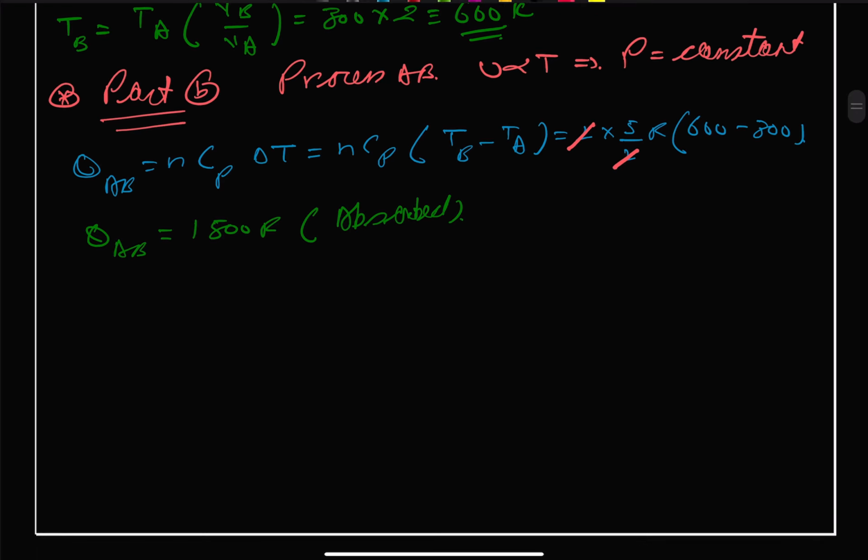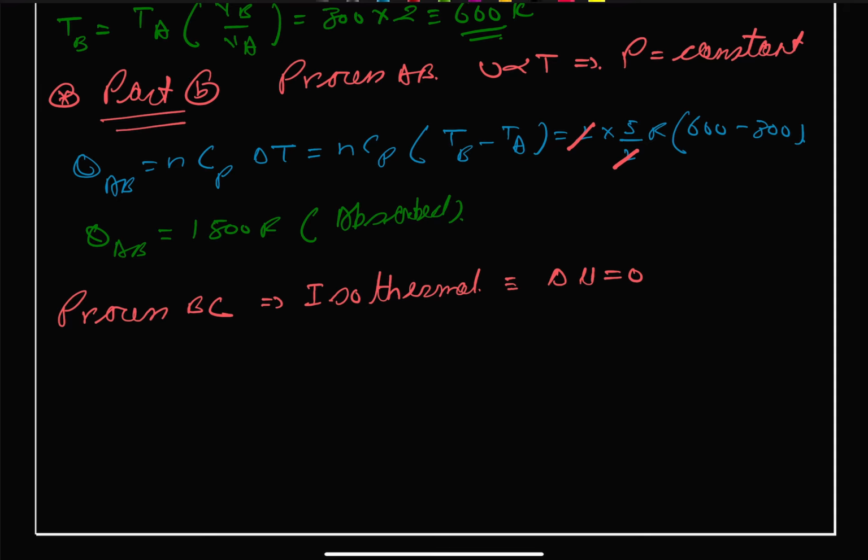Now we come to process BC. Process BC is isothermal, and for isothermal we know that the change in internal energy is equal to 0.